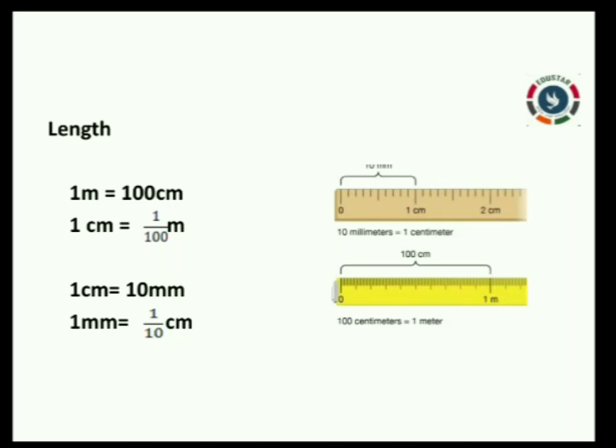Now we are going to discuss conversion of units of length. To measure the length of smaller objects, we use smaller units like millimeters, centimeters and meters. For example, when you are measuring the length of a piece of cloth, what are the units that we generally use?